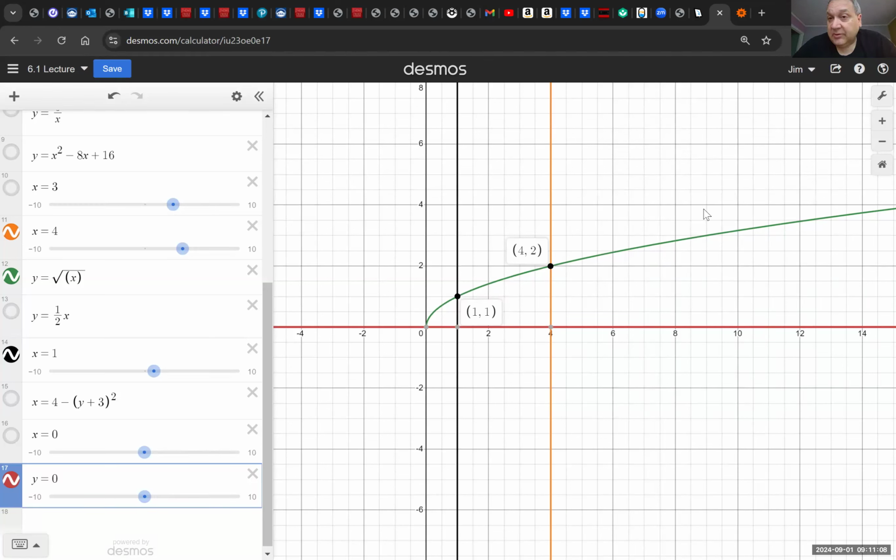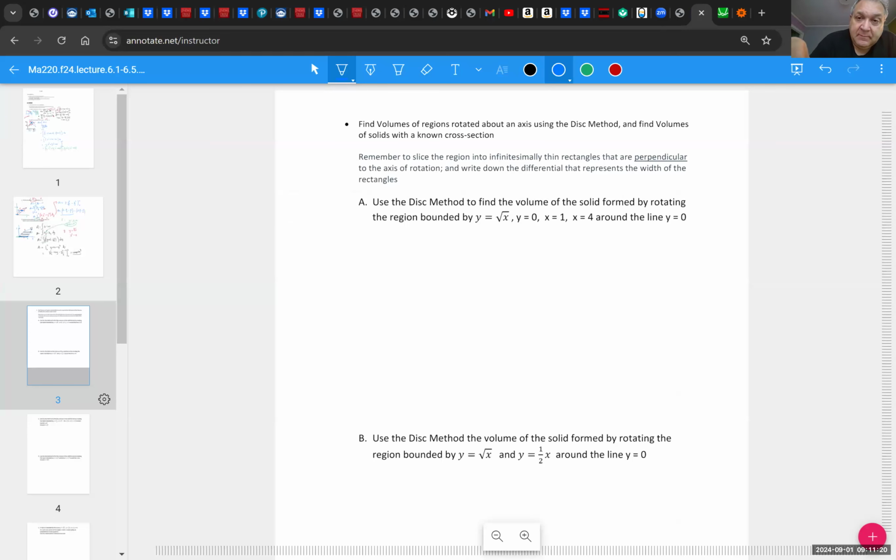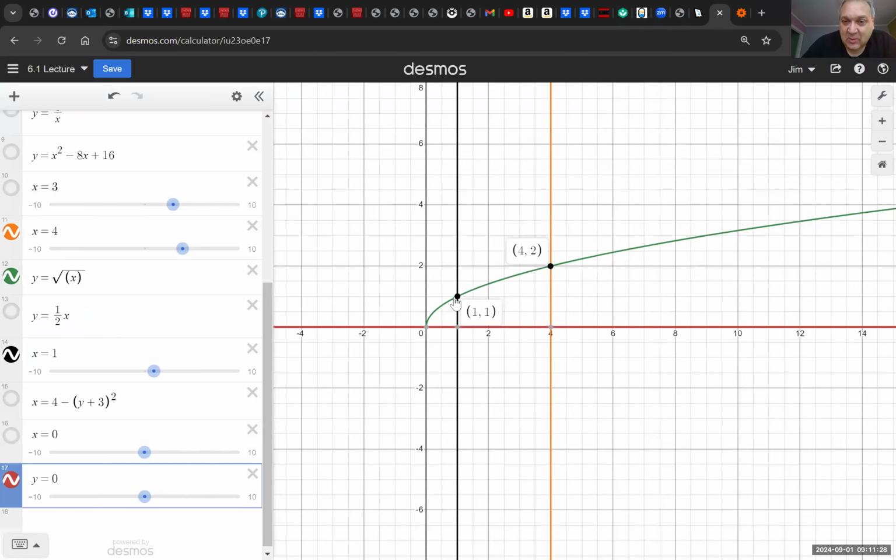Because I'm going to be showing my work on various assignments, I'm going to show my work on these lecture notes as well. So I'm going to recreate a rough sketch of this region. I've got my x and y axes, with the points 1, 1 and 4, 2.